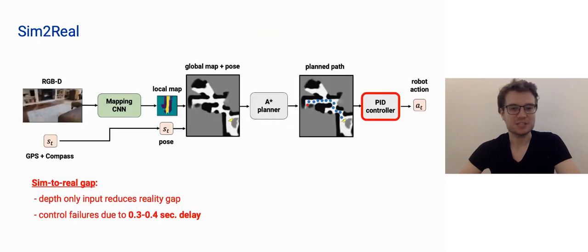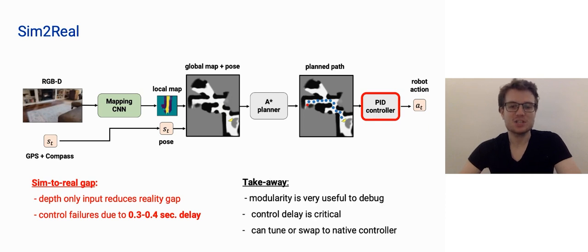For our Sim2Real transfer, our strategy was merely to use depth-only input, so the visual reality gap was small. What caused most of our failures was a significant actuation delay, for which our control parameters were poorly calibrated. In many cases, our policy was trying to do the right thing, but the robot wobbled a lot, eventually making it too slow to reach the goal in time.